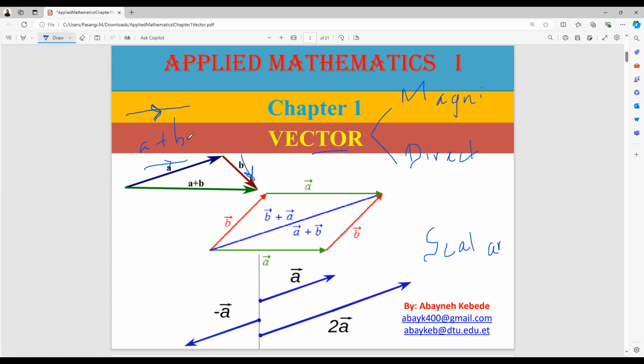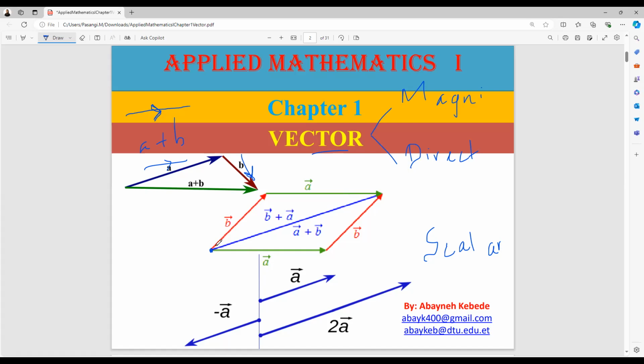That is true. And when it comes to applied mathematics, how are we going to do this? We have to start from a point, and these two vectors should start from that point, or else those two vectors should come towards the point.